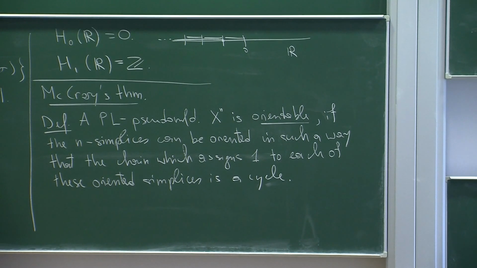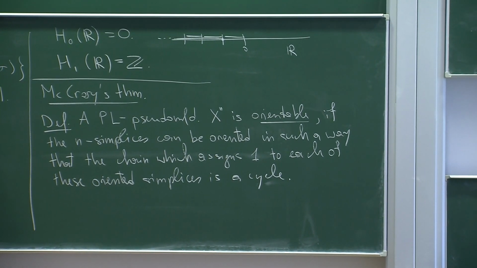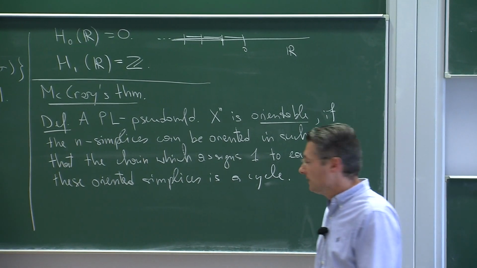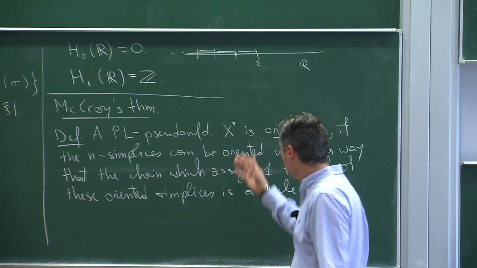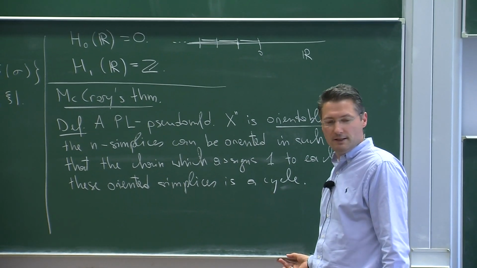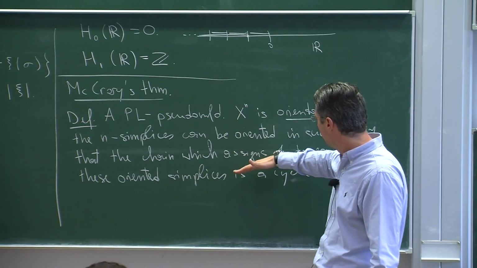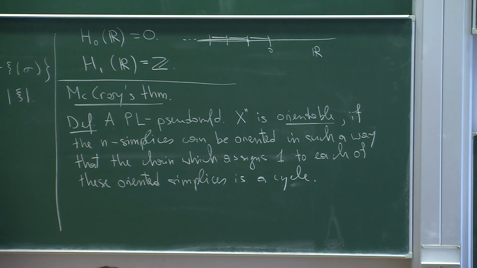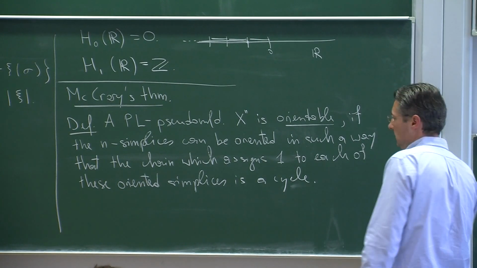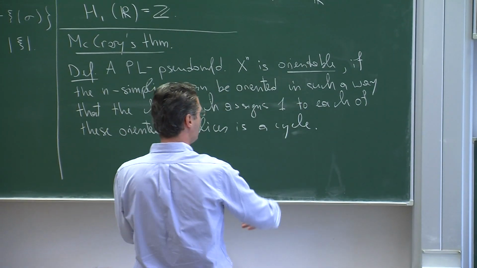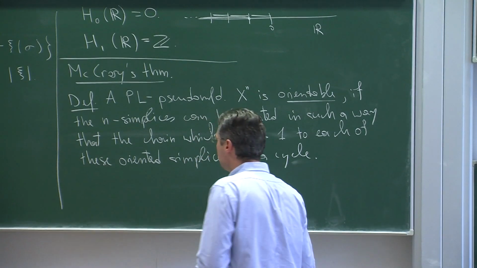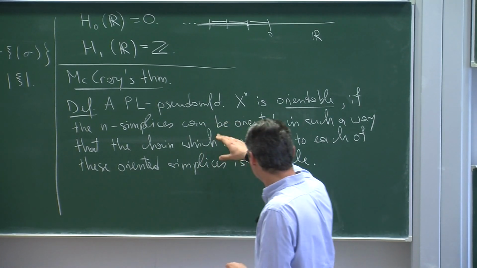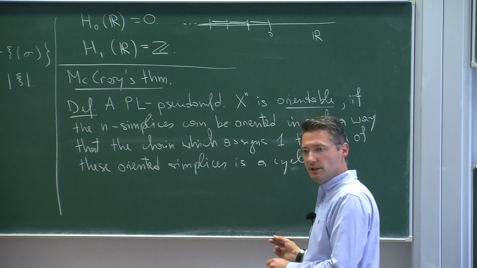For example, if you take the Klein bottle and you try to do this for the two simplices, you can play around with it and you will see that it can never work. And here, the lower dimensional simplices don't play a role. So this is a definition of orientability which is perfectly valid even in the case of a pseudomanifold. Now, in such a case, an orientation is a choice of such orientations of these n-simplices, so the choice of such a cycle is then an orientation.